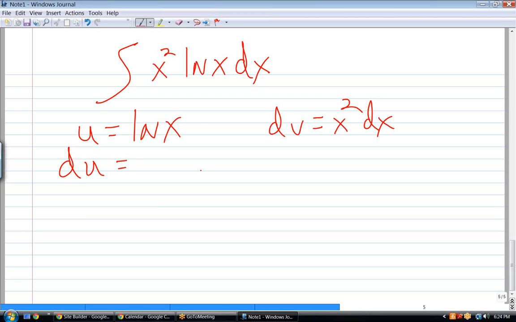It's the derivative of natural log of x. Isn't it 1 over the natural log of that? It's 1 over x. In other words, du/dx is 1 over x, which makes du equal to dx over x. What's v equal to?